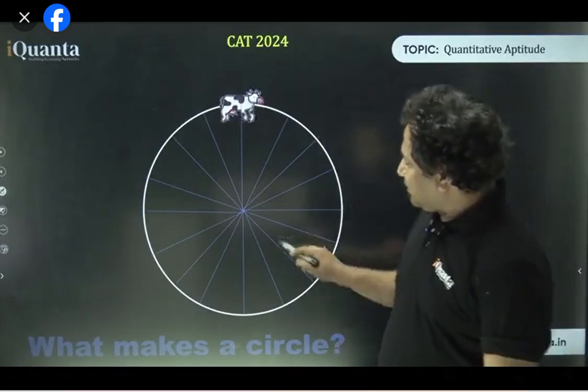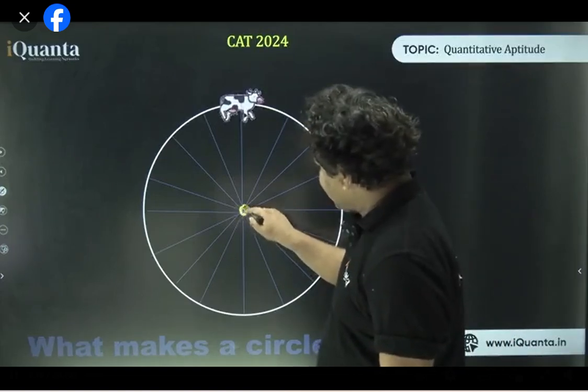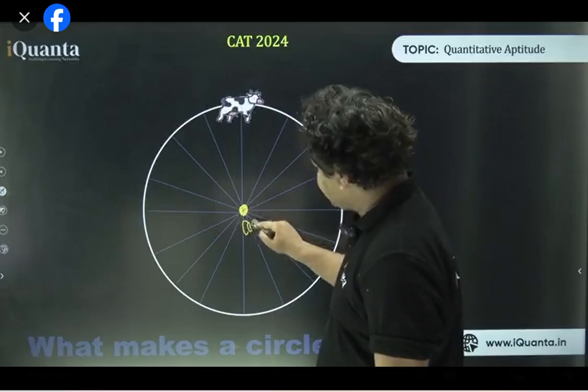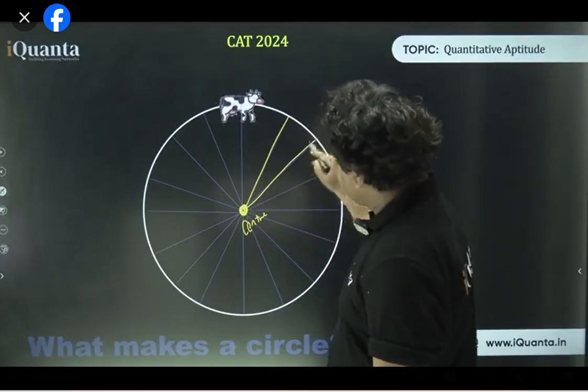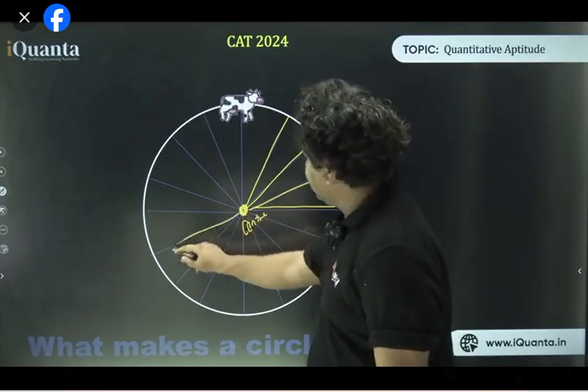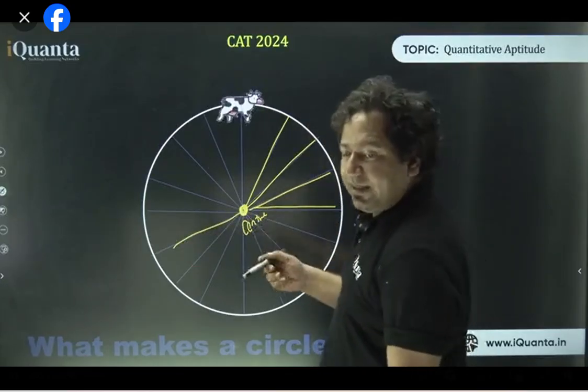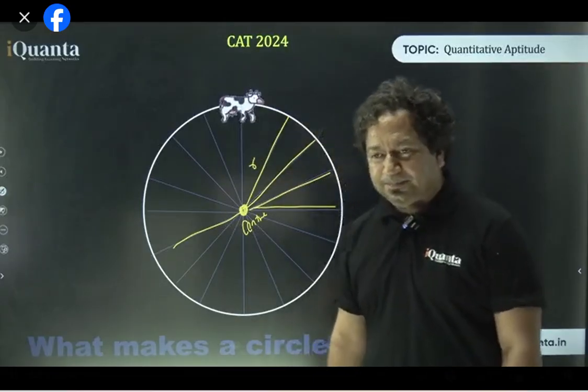By the way, if this was the khuta, I can say that this is the center. And these lines, as you can see, have constant length. Let that constant length be small r. We call that the radius. Understood?